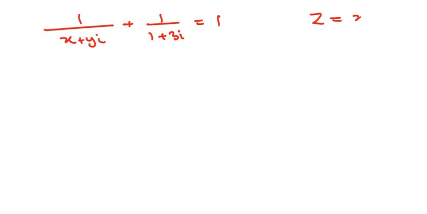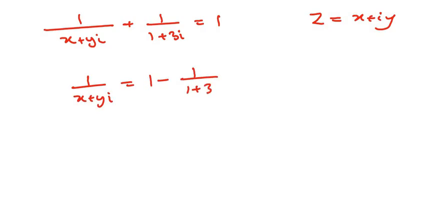So they've given you 1 over X plus Y, then plus 1 over 1 plus 3I is equal to 1. So take note that Z is equal to X plus IY. That's what you should know. So this here is the same as 1 over X plus YI is equal to 1 minus 1 over 1 plus 3I.